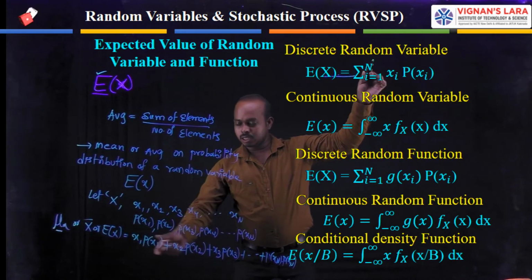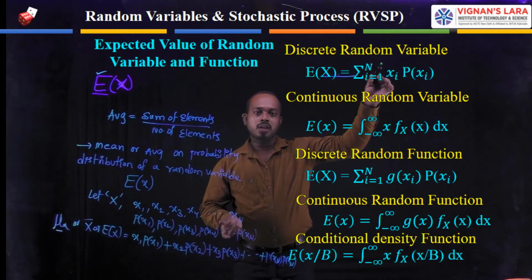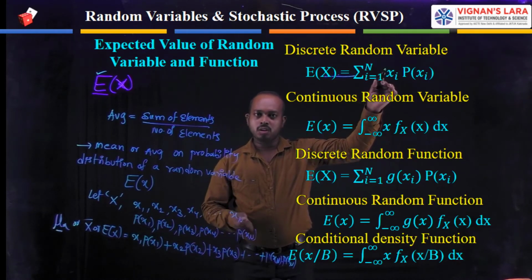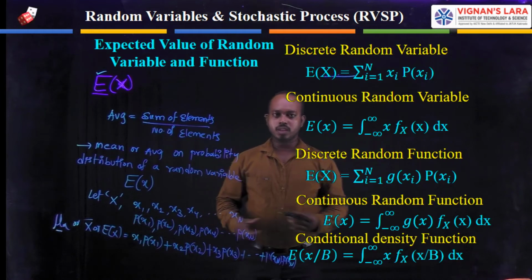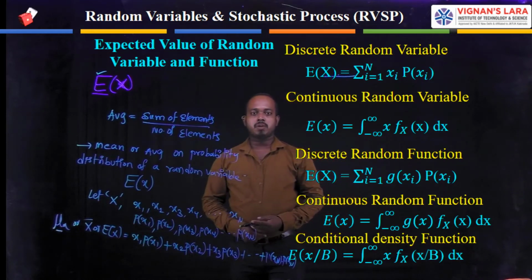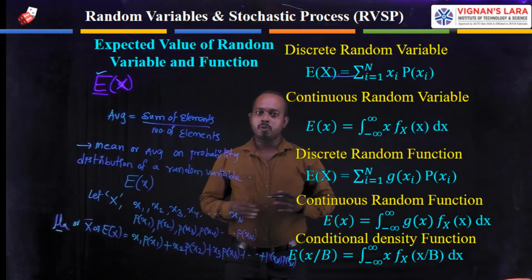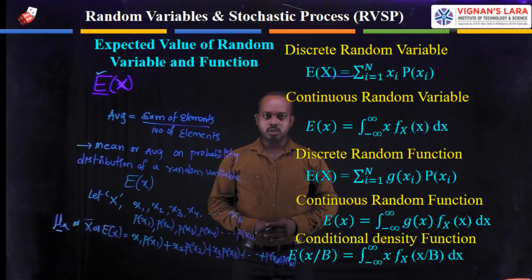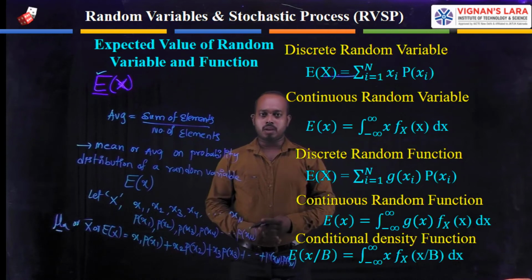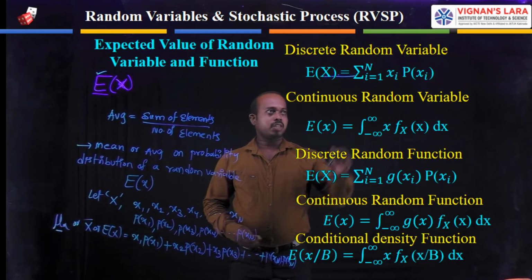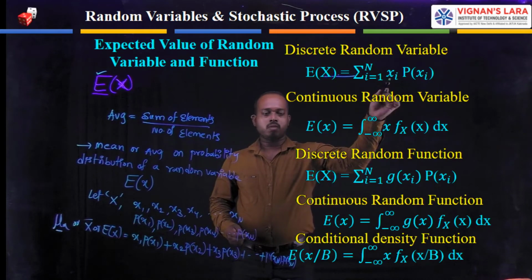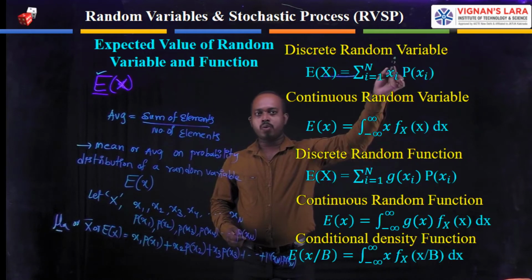We repeat this process for as many elements as exist in the experiment. The discrete random variable has a collection from x1 up to xn, and we write those elements using the summation symbol with range i equals 1 to n.